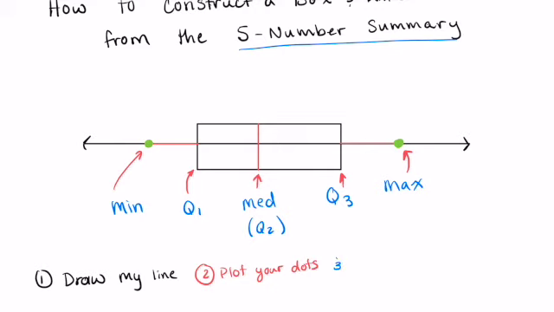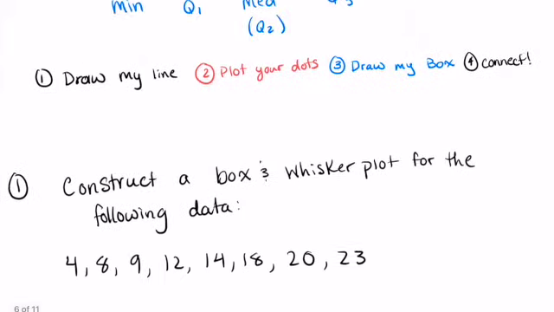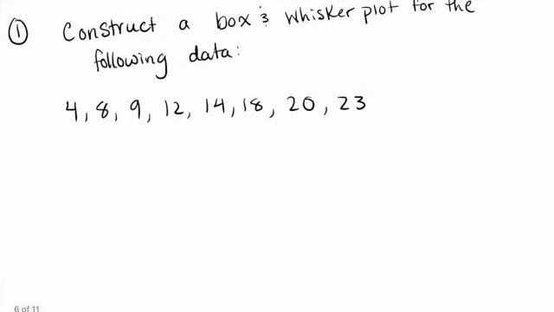Step 3, draw my box. And finally, step 4, connect it all. That's it. Draw your line, plot your dots, draw my box, and connect it all. So with that in mind, let's jump straight into our first example.